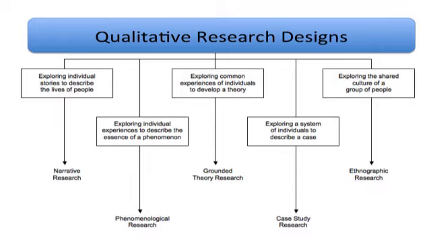There's also phenomenological research. That is where I identify a specific phenomenon that I want to explore. I typically go out and interview a number of people, and I describe in my qualitative report how they're experiencing this phenomenon. That's phenomenology. Grounded theory is just as the name suggests. I'm going to develop a theory that's grounded in the views of participants.